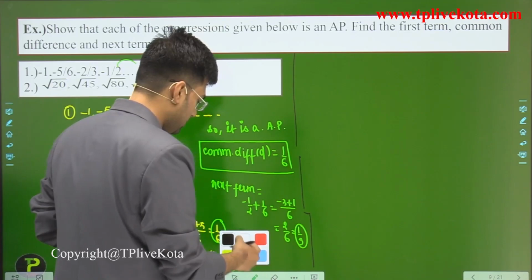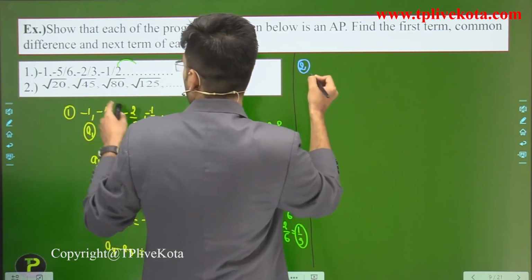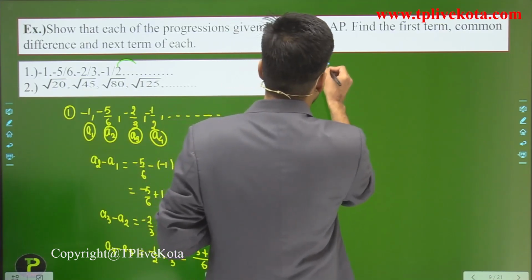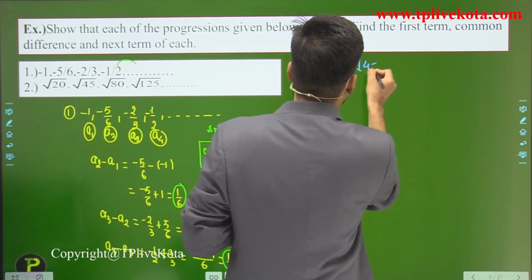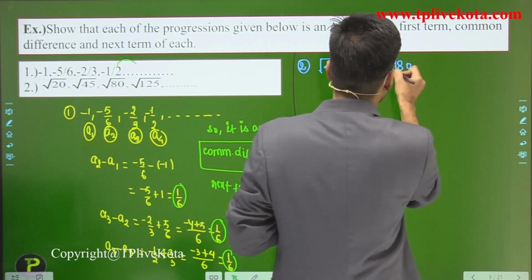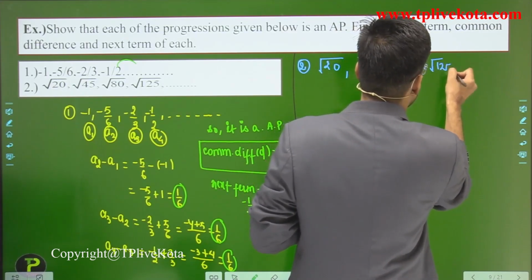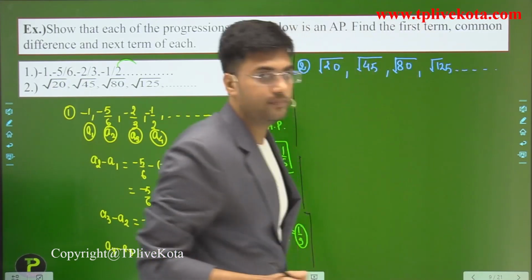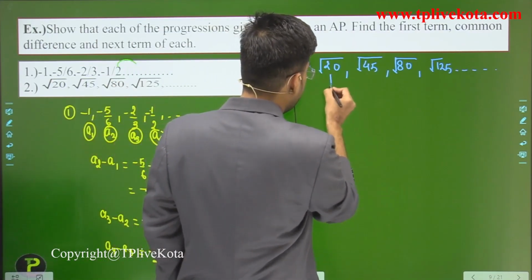Second is what? In the second we have under root 20, under root 45, under root 80, under root 125 and so on. So students, we can write it is equal to what?